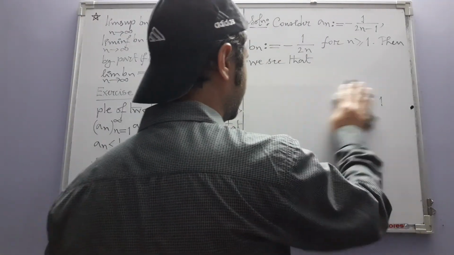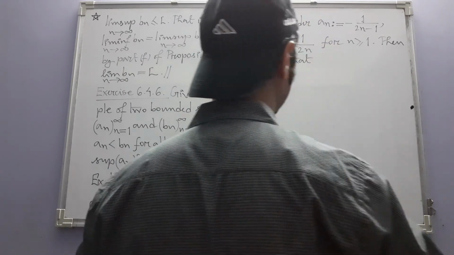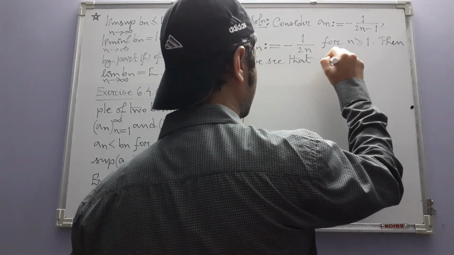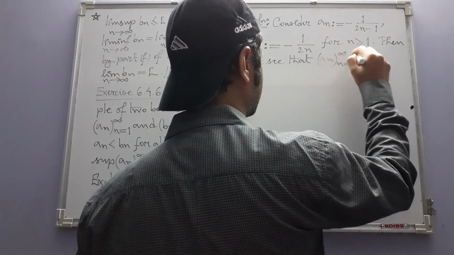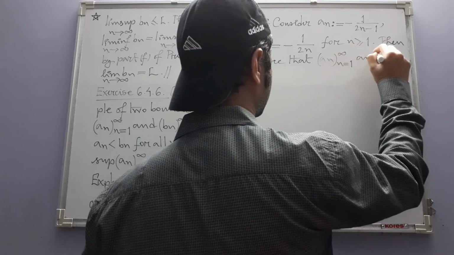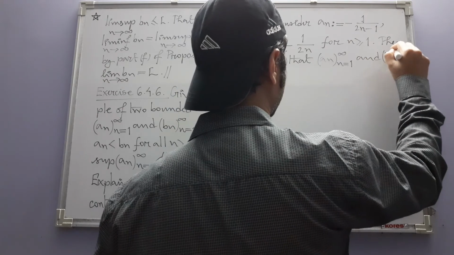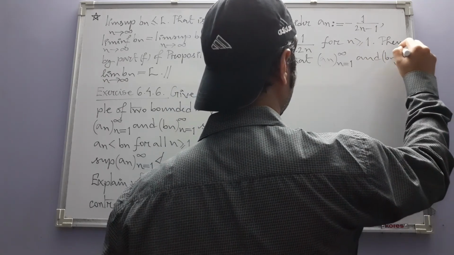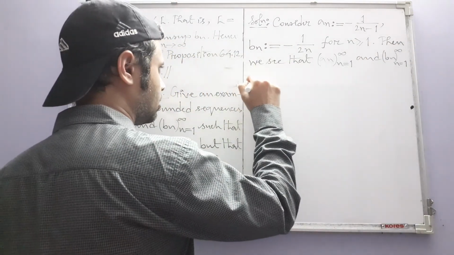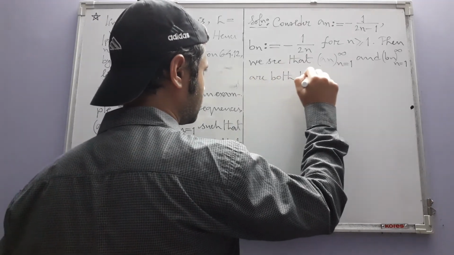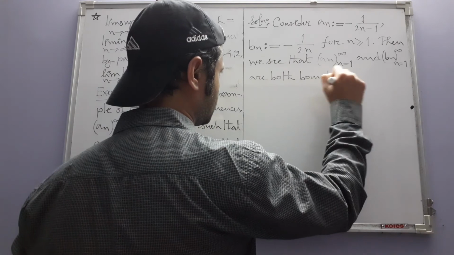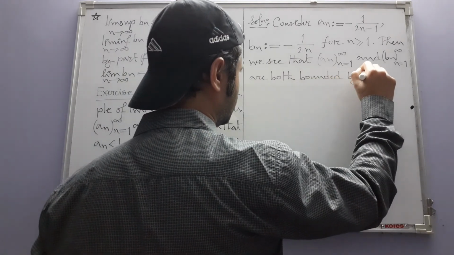So we see that An and Bn are both bounded by 1.